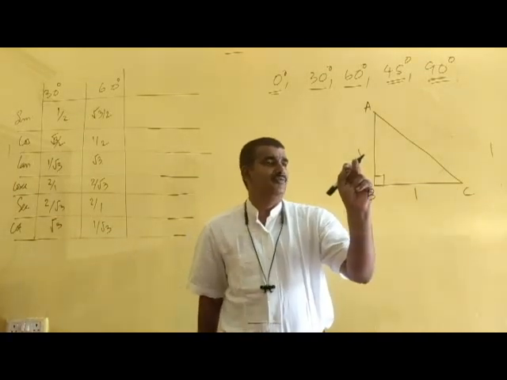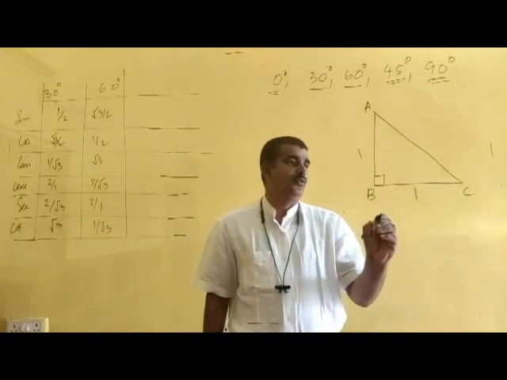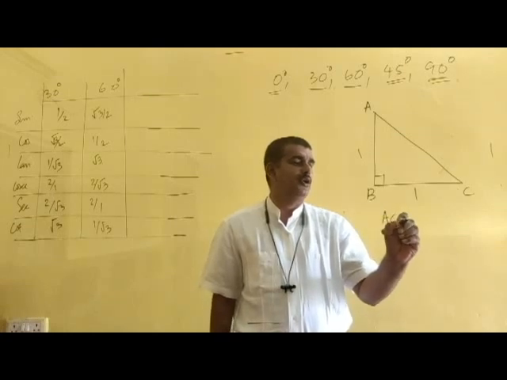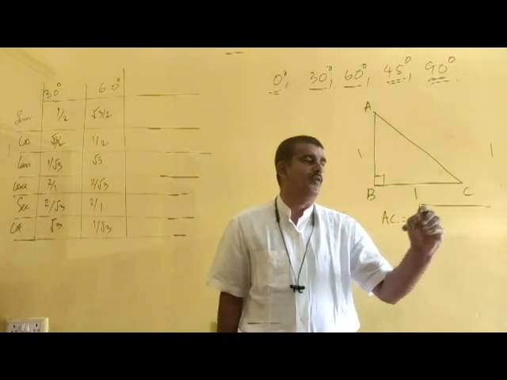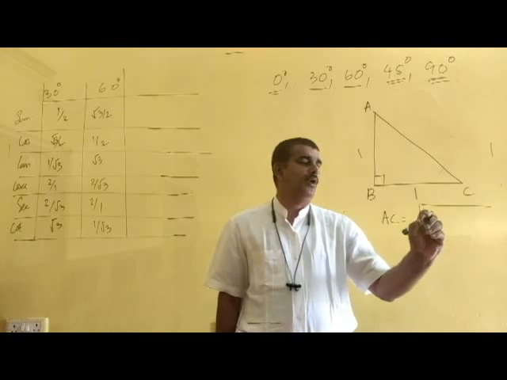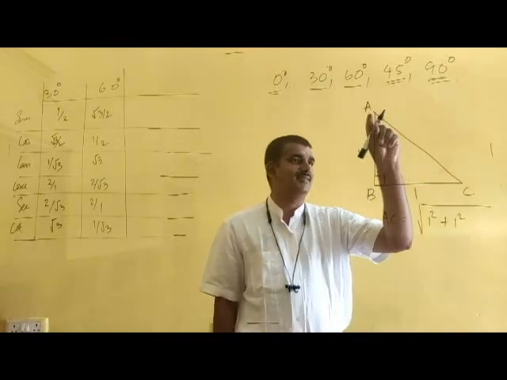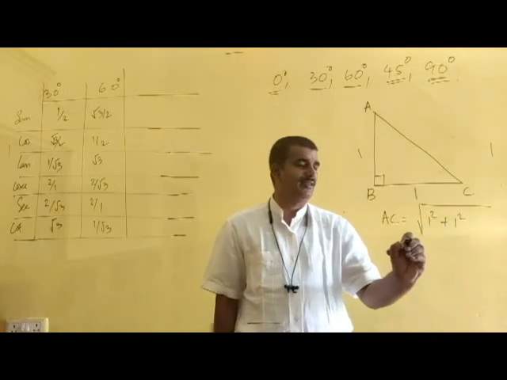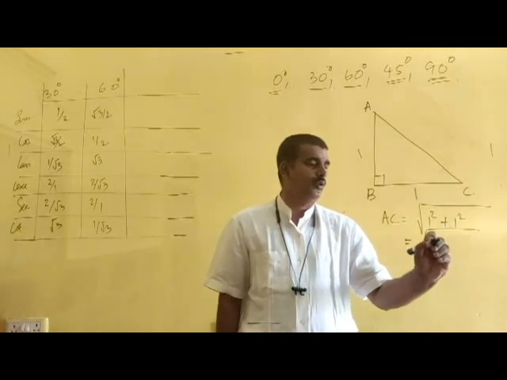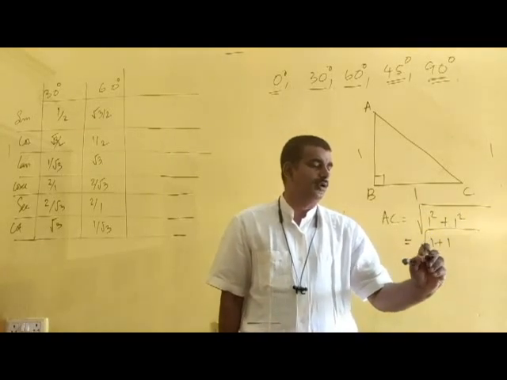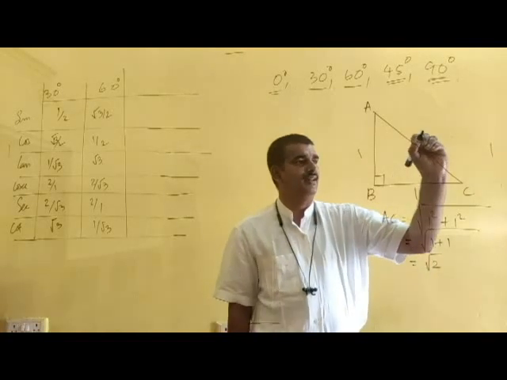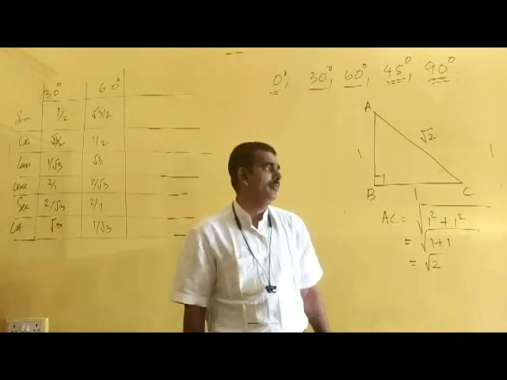See, if it is 1 and if it is 1, what is AC? That you know, that is square root of 1 square plus 1 square. AB square plus BC square is AC square. So square root of 1 plus 1 is root 2. So this is root 2.